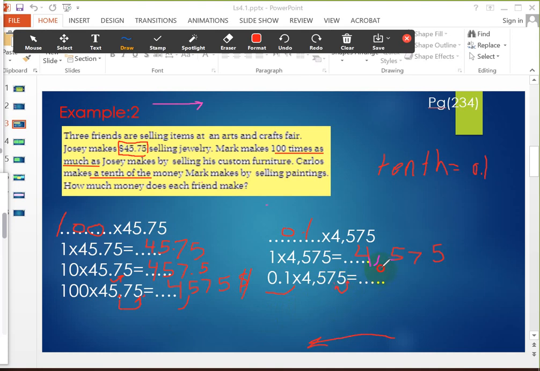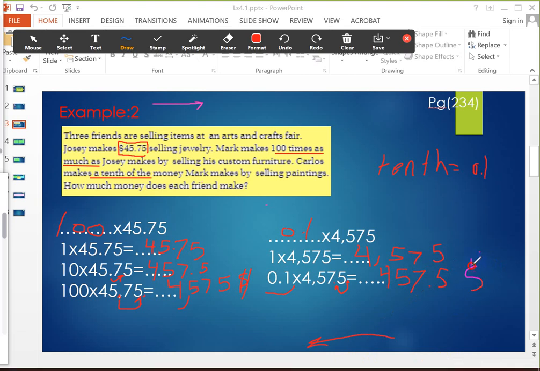So the number will be 4, 5, 7.5. This is the number, $457.5.